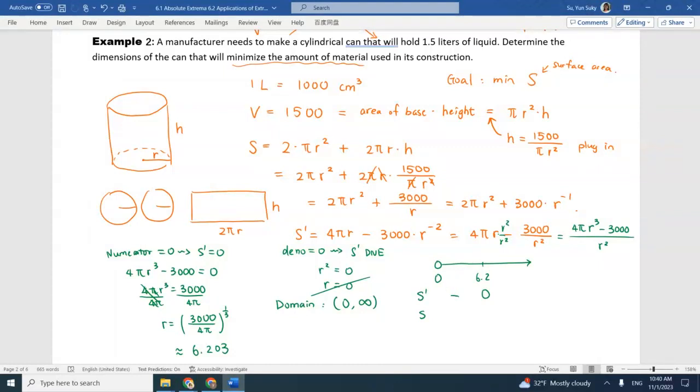Okay, how about here? You can pick r to be, how about 1000? I'm sure if you put r as 1000, this is positive, right, everybody? Yeah. So this is positive. And then your function is what? Decreasing.